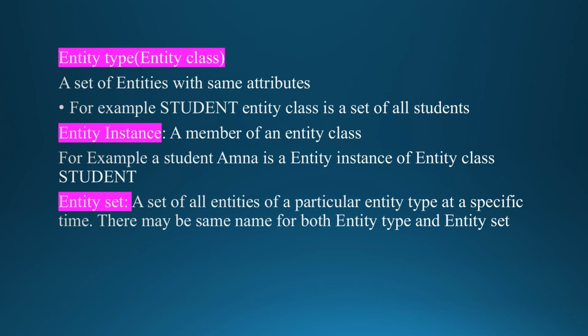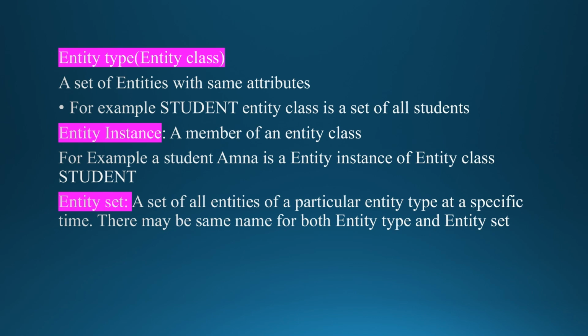Like if we talk about students, the set of all students is the student entity class. Similarly, the set of all teachers is a teacher entity class, meaning all students have the same characteristics, attributes. Similarly, teachers have the same attributes. Same attributes does not mean the same values of attributes.